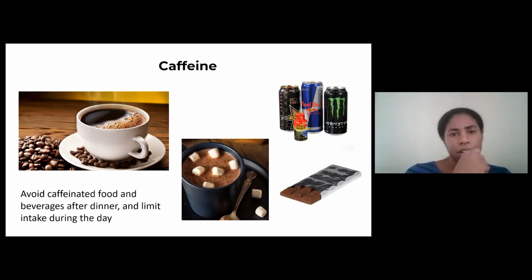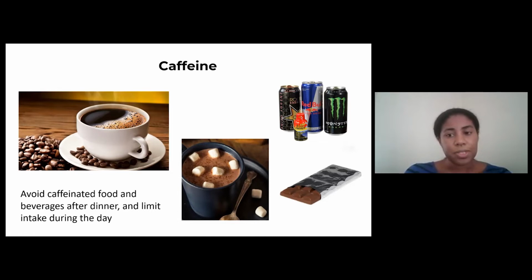So, another thing about caffeine: even in one study, having caffeine 6 hours before bedtime reduced sleep duration by 1 hour. And that was 6 hours. So even if it doesn't interfere with your ability to fall asleep, it may actually shorten your sleep. So you may wake up earlier, potentially.